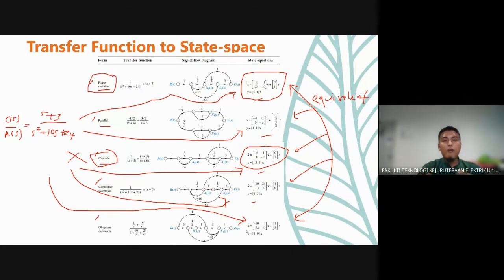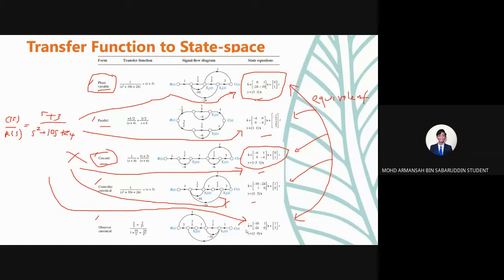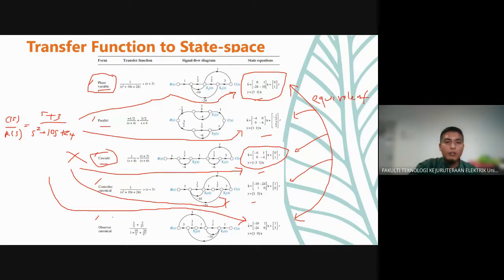So which form might be the one? We use observer canonical. Yep, that's the answer. So if you want to design the observable controller, you must use observer canonical form only. Easy, yeah?